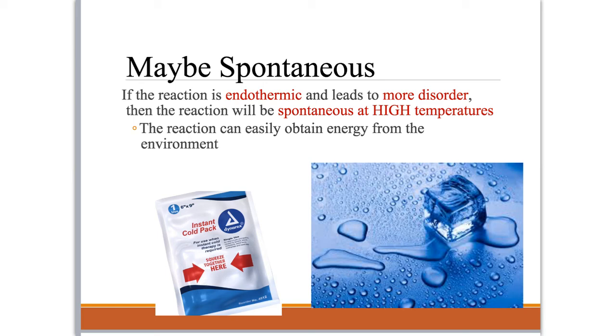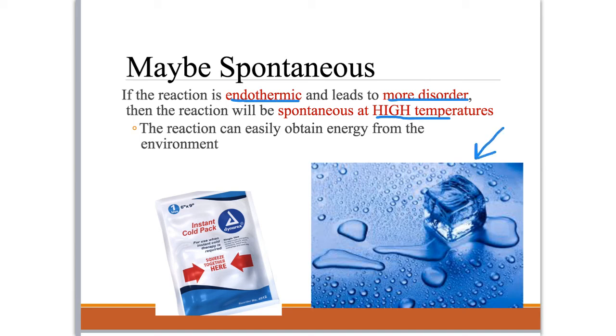Another situation that may be spontaneous is if you are going to end up with more disorder, so that's good, but the reaction is endothermic, and so it's going to need to be able to take energy from the environment. This type of reaction will be spontaneous at higher temperatures so that the environment has a lot of energy to provide. An example of that is when ice melts.